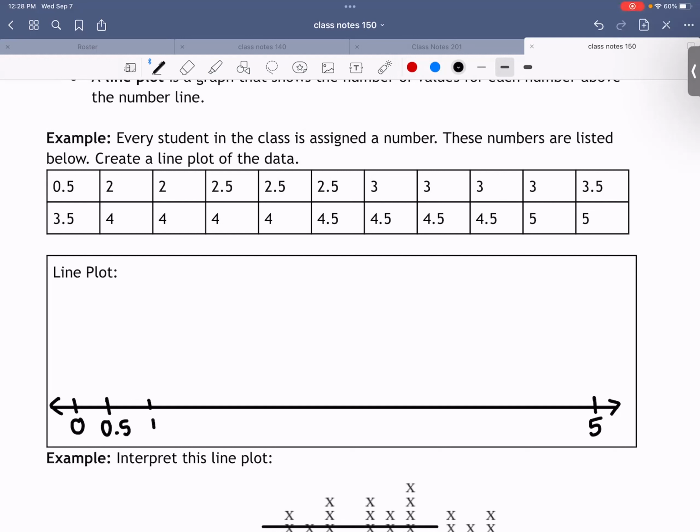Okay, 0.5, 1, 1.5, 2, 2.5, 3, 3.5, 4, 4.5. Uh-oh, looks like I underestimated my lines, but to fix it, I'm going to do something lazy. I'll erase the edge and write 5. There we go, I made a perfect line graph.